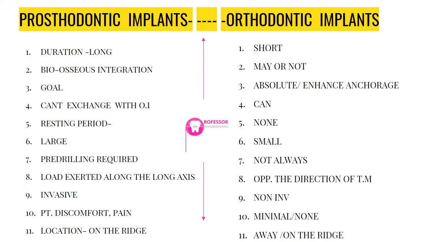Whereas the orthodontic implants are finer, more delicate. For example, if you compare the prosthodontic implant with an orthodontic screw type implant, then you'll see that the orthodontic implants are smaller in diameter, shorter, and narrower in size, whereas the prosthodontic ones are bulkier.